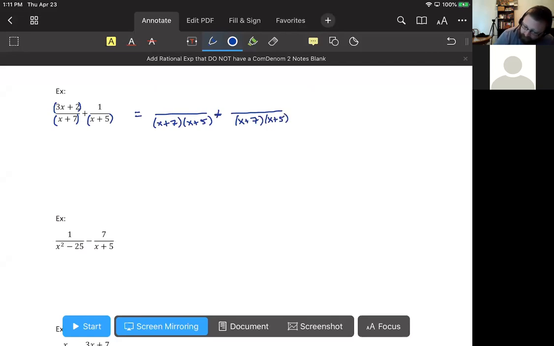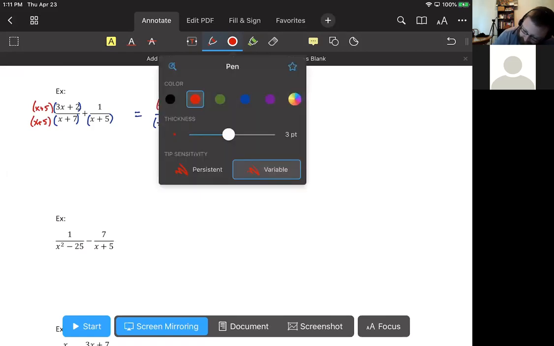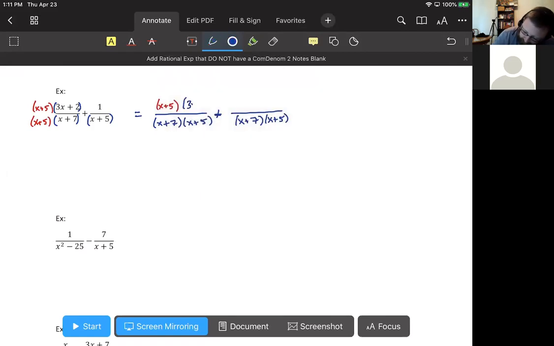So if we look at what we have, the first fraction has an x plus 7, but it needs an x plus 5. So we need to multiply the bottom and the top of that first fraction by x plus 5. So that would give us x plus 5 times 3x plus 2.